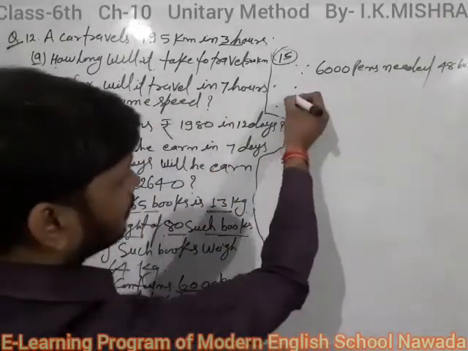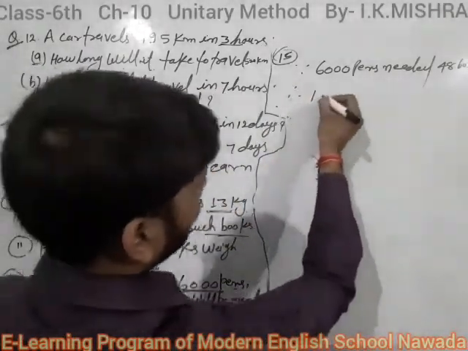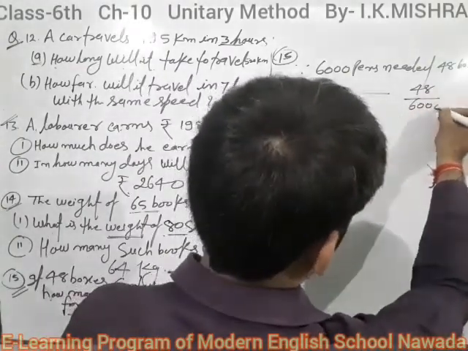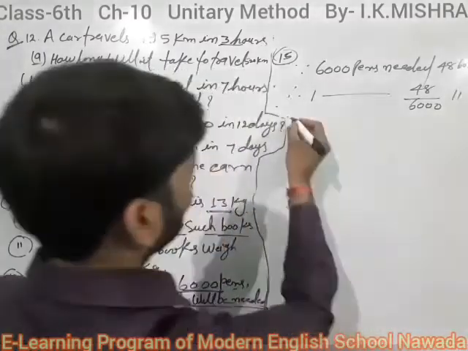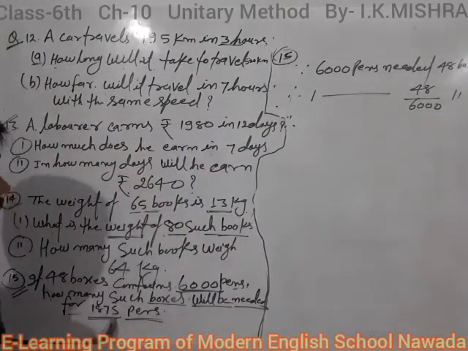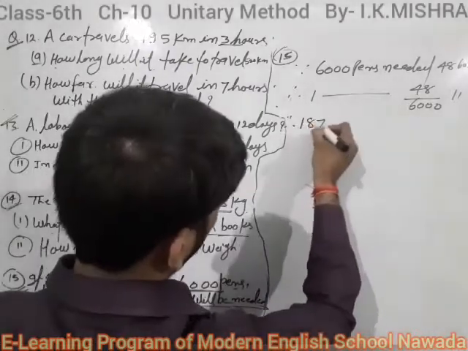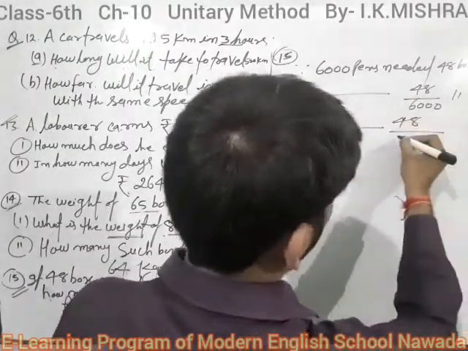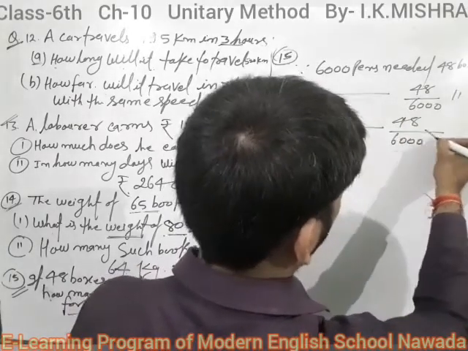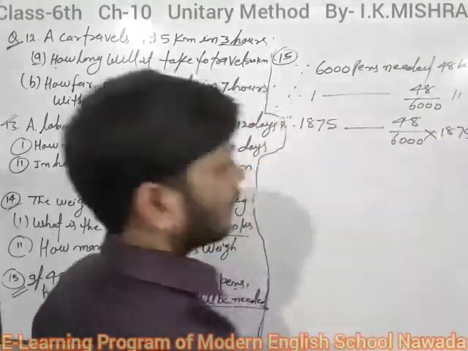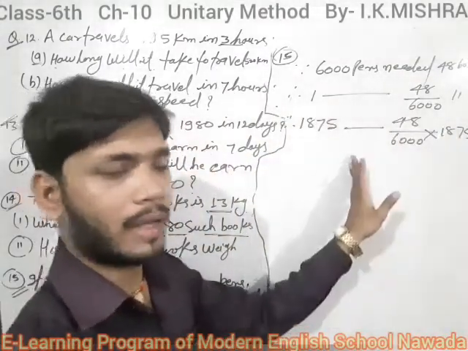So friends, one pen requires 48 upon 6000 boxes. So friends, here you have to find for 1875 pens. 1875 pens require 48 upon 6000 into 1875. And students, here simplify it.